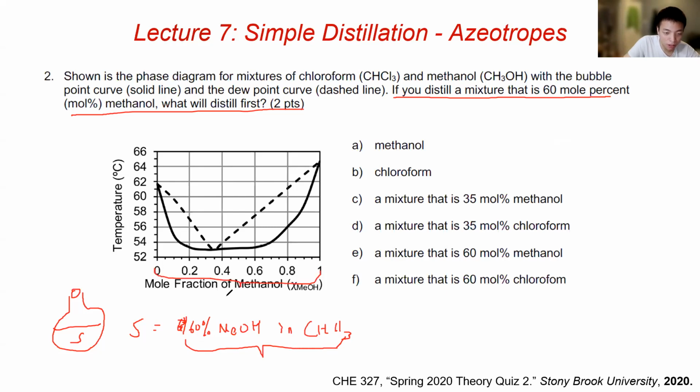That means that from 0 to 1, there's 60% methanol. If you distill this, which will come out first? It has to be the lowest point.